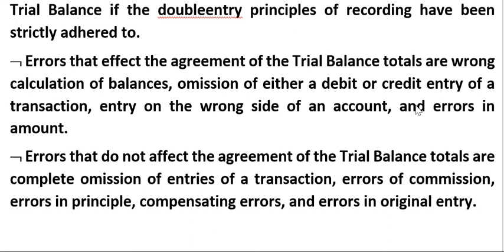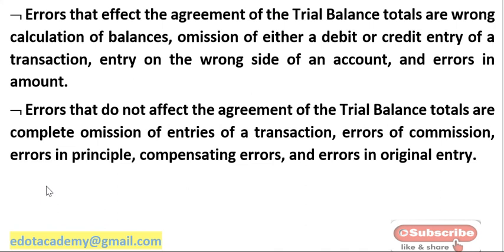Okay. And errors which do not affect the agreement of trial balance are complete omission of entry. Means you have totally ignored the entry. आपने entry को ही गायब कर दिया. Errors of commission. Okay, and errors in principle, compensating error, and error in original entry will not affect the trial balance.